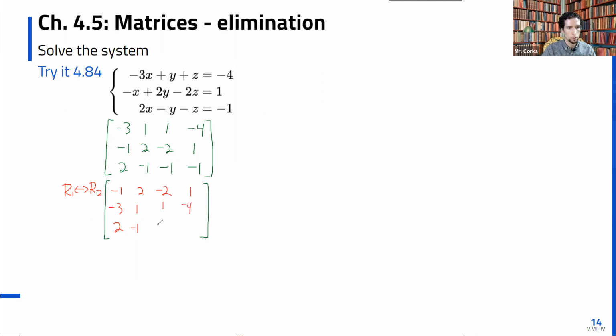Two, -1, -1, -1. Let's match our colors. Okay. What's the next operation that we would do here?